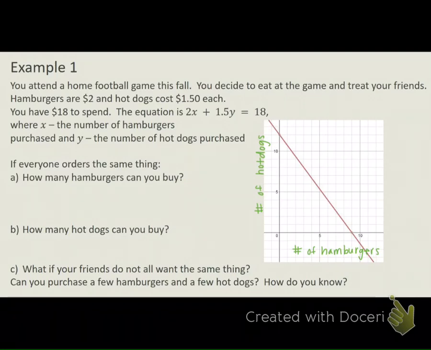So if everybody orders the same thing, how many hamburgers can you buy? What is the maximum number of hamburgers you can buy? Colin? 9. So you look for here, hamburgers are your x-intercept, right? And this is 9, 0.